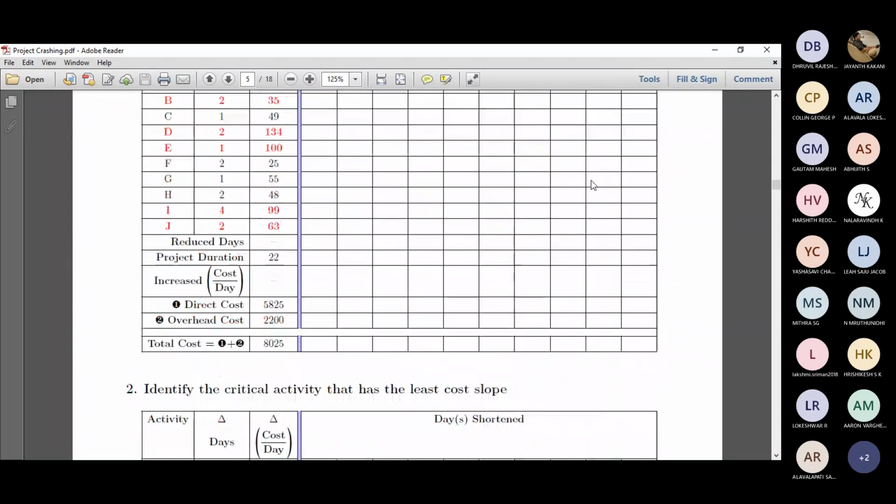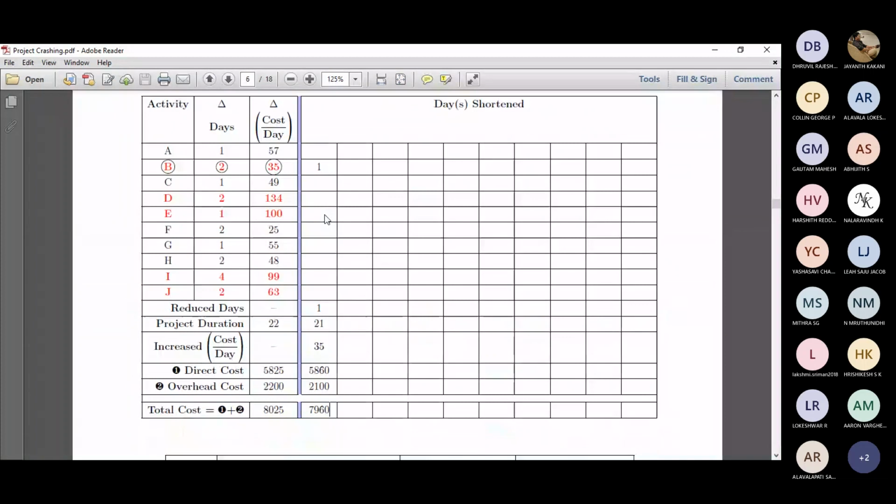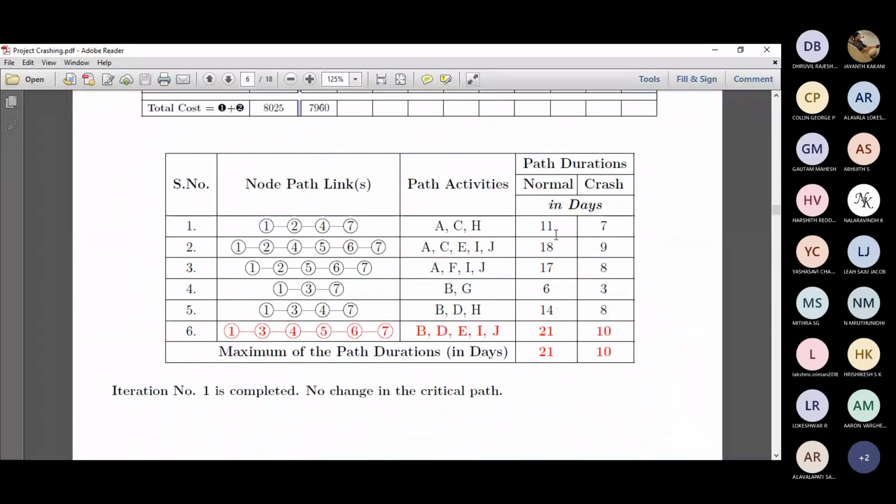For clarity, I'm just repeating it again. We have reduced it by 1 day, and then we take a look at whether there's any change in the critical path. So 22 has become 21, and 11 has become 10. The other critical activities, like B here, D here, and E here, also get reduced by some amount of time.